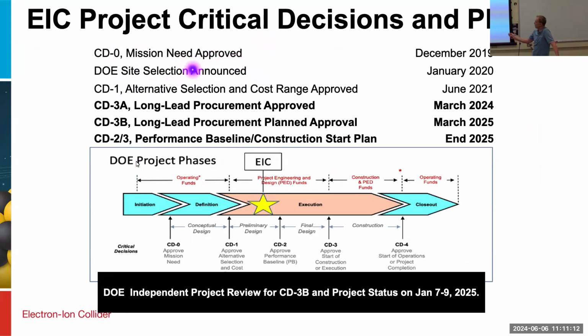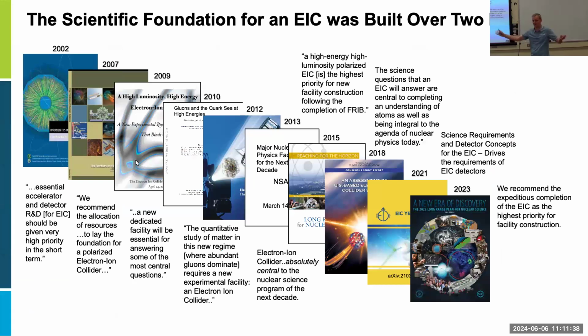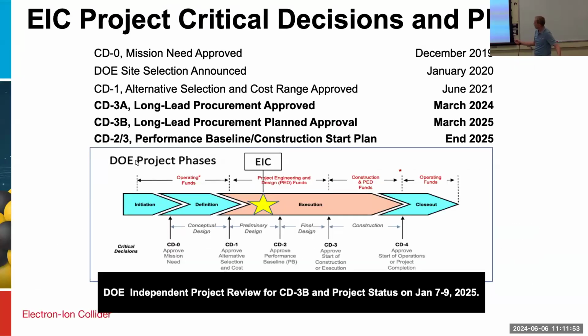This is where the DOE agrees that yes, for their mission, as part of the executive branch of the US government, it is absolutely critical that we construct the Electron Ion Collider with these properties. And then from then on, we start developing the machine. We have the tunnel. That's good. We have some electricity. We have power. We have water. We have sewer. We have gas. And all of this comes together eventually. And it comes together at the point which is called execution.